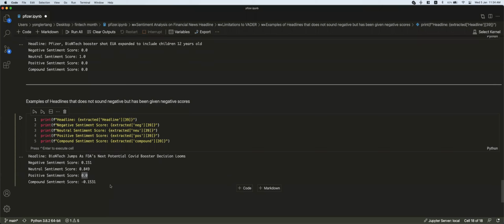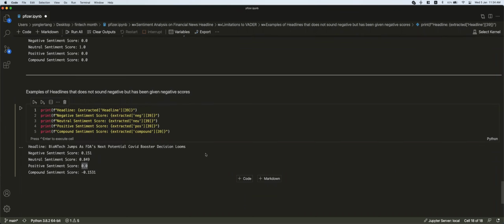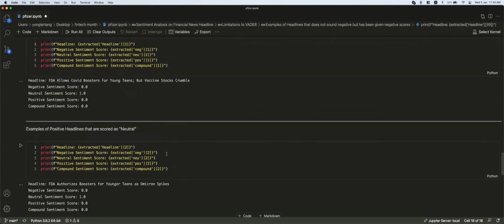And this is most probably because of the word "loom," which gave the sentence a sort of negative connotation. So yeah, this is just a very, very short demonstration of how we can use NLP in the fintech space, and a little bit about what sentiment analysis is about.